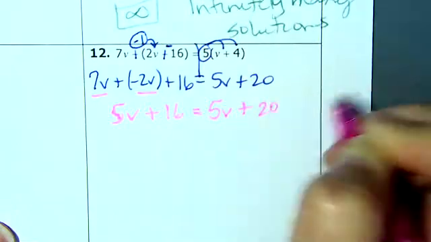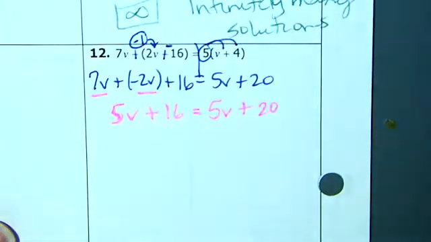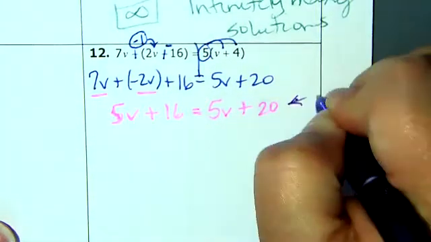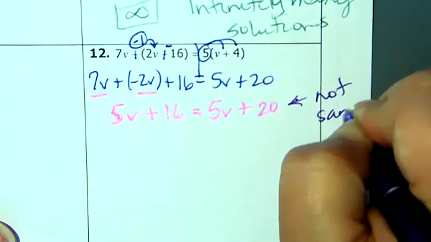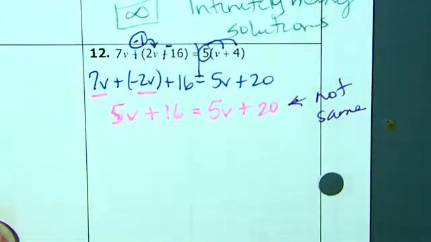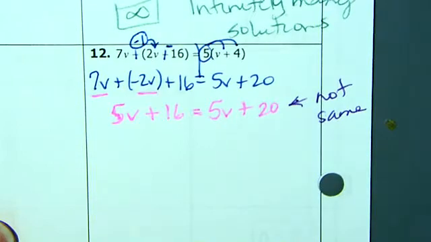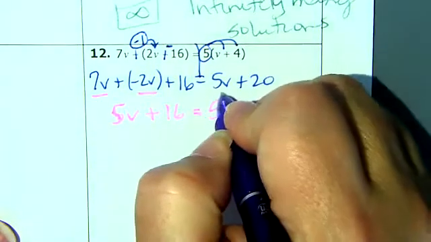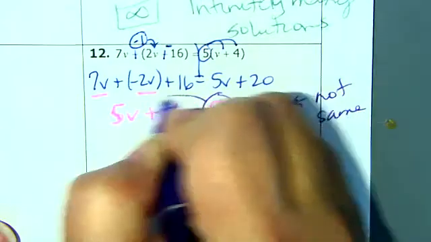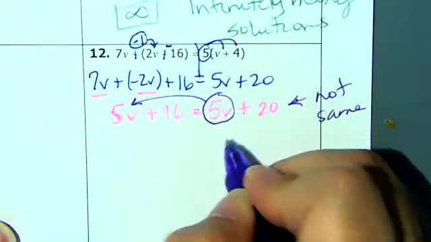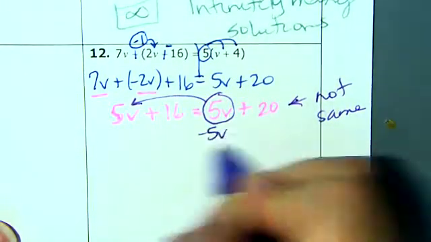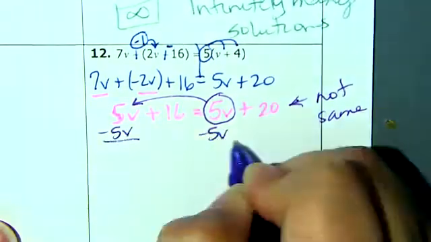And some of you may realize that at this point, these are not the same. If you don't, that's okay. We finish working. I need to get all the variables on the same side. So that's a positive 5v, so I'm going to subtract 5v from each side.